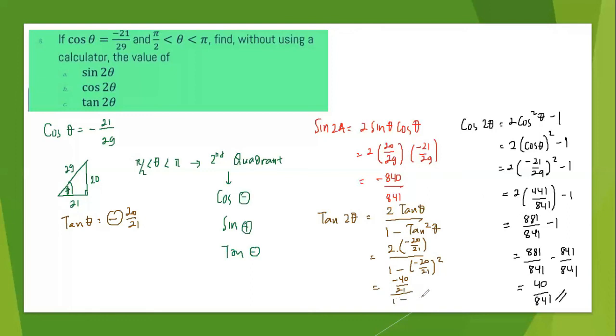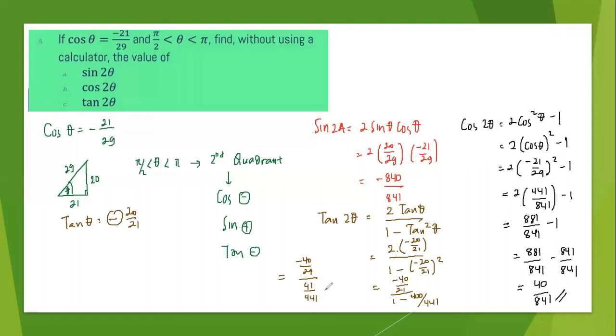Over 1 minus 400 over 441. Is it this? So it means equal minus 40 over 21 over 41 over 441.